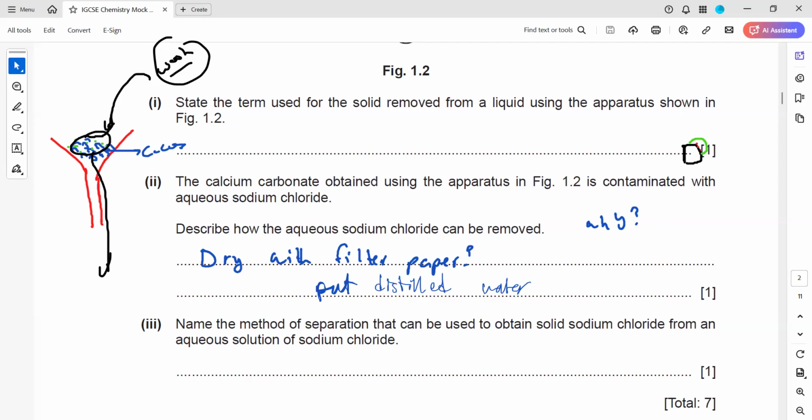When you dry with the filter paper, it will remove the water, but the sodium chloride, the sodium chloride ions, still remain there. So the best way is to wash. Whenever you want to remove soluble impurities, you should always wash.